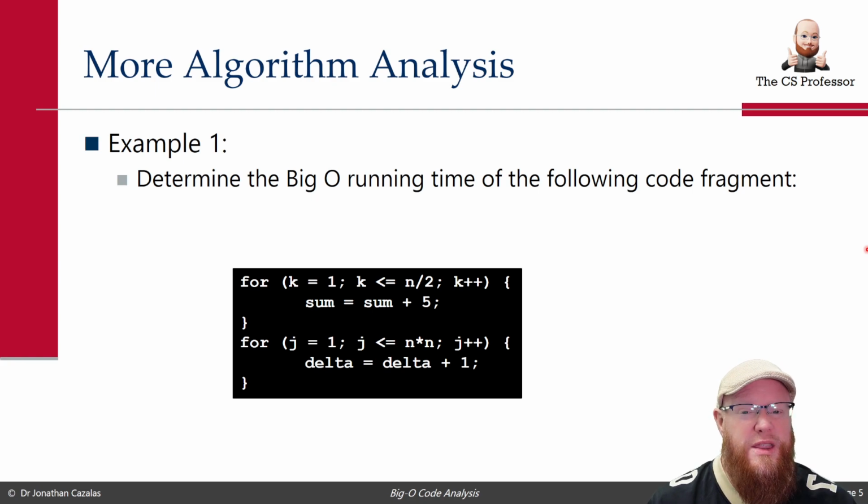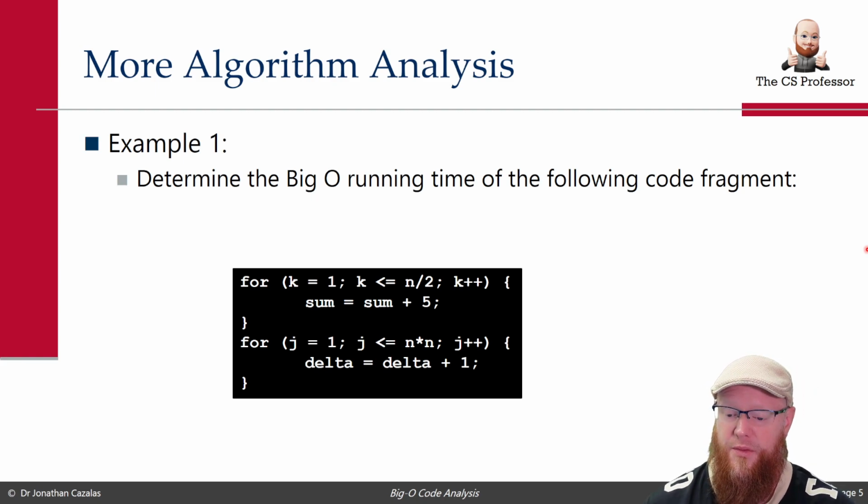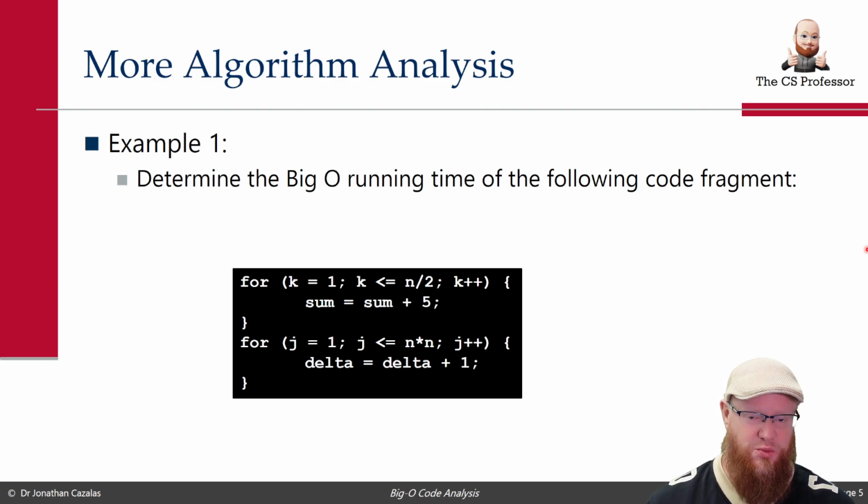Looking at these two for loops, the main thing to ask yourself, given some code with loops, is: are the loops nested? Are they not nested? How long is each loop running? We're basing it off some input size n, so look for n in these for loops. Here's an input size n, and here's n as well.